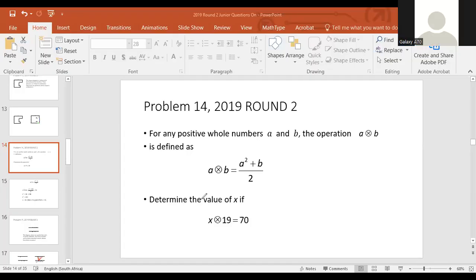Okay, so determine the value of x if x cross 19 is 70. Let's try to understand what this is.